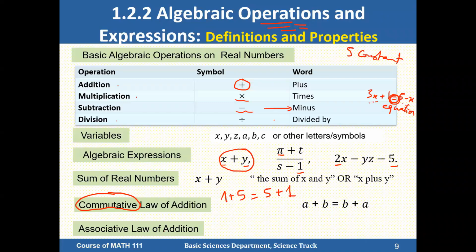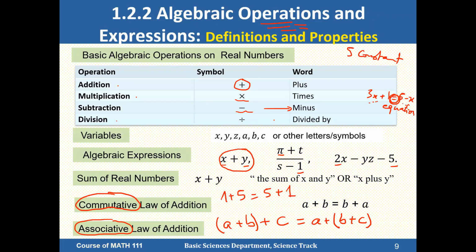It's also associative. What does it mean? It means that when we have the sum of three real numbers, we can start by adding the first two and then add the third, or we add the last two, the second and the third, and then add the first. So the parentheses can be moved.